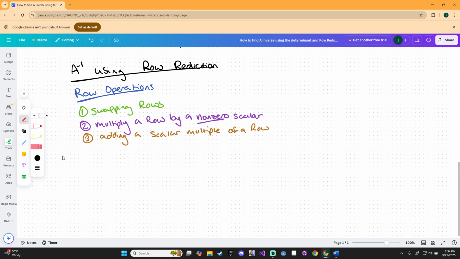So let's take a look at an example here. Find your inverse matrix using row reduction.